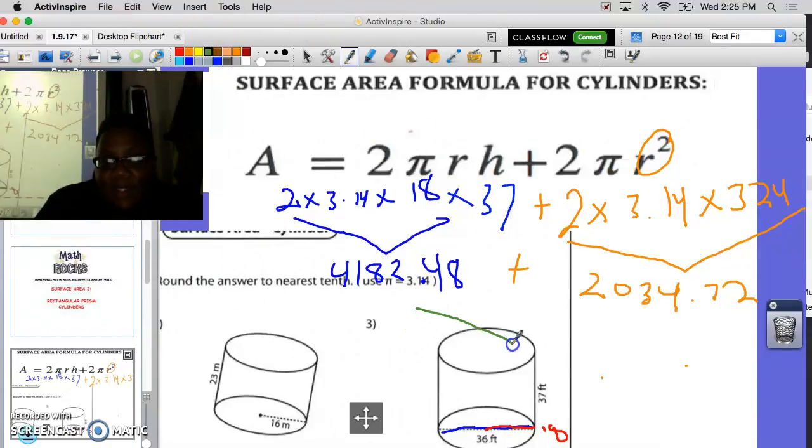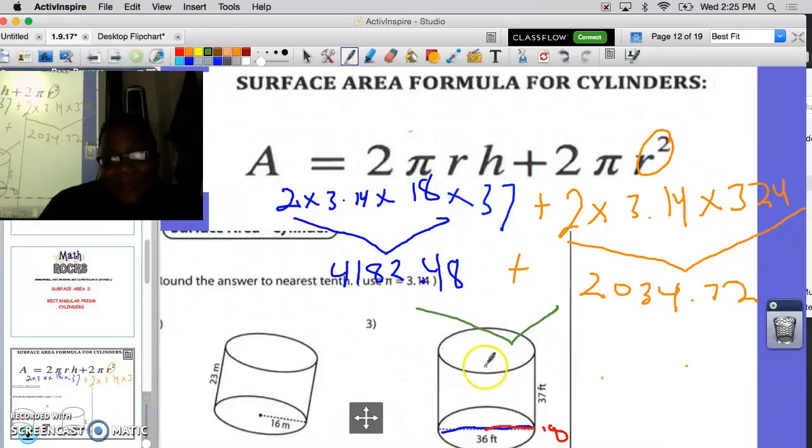And our final step is to add these together. 4,182.48 plus 2,034.72.